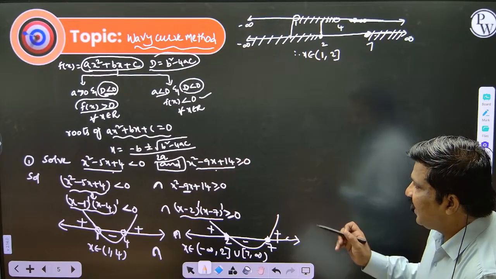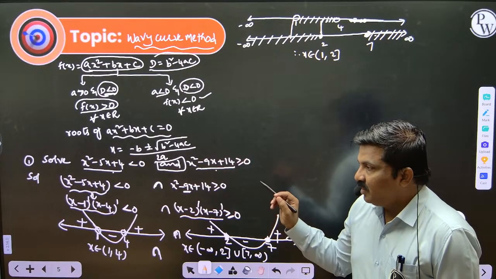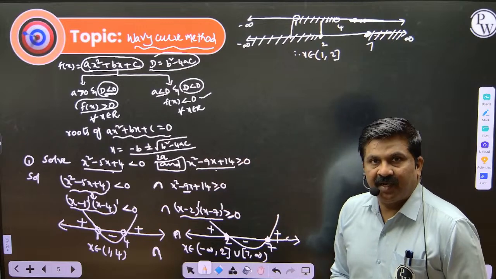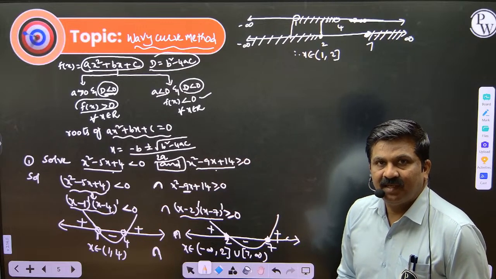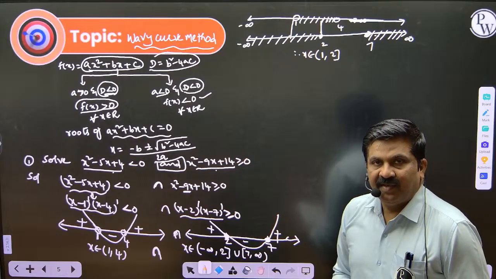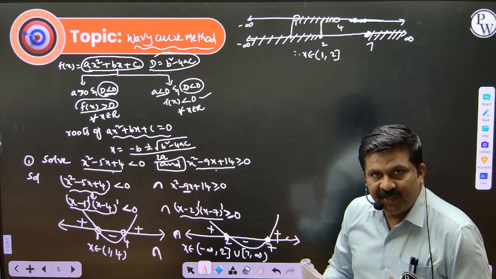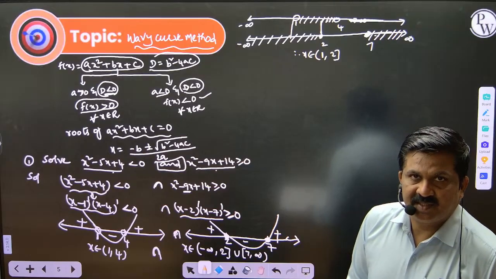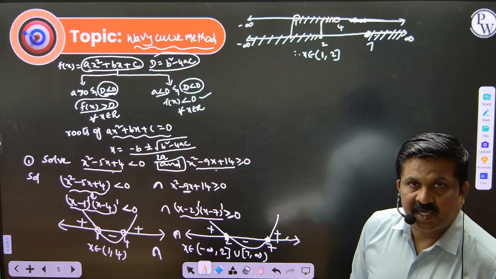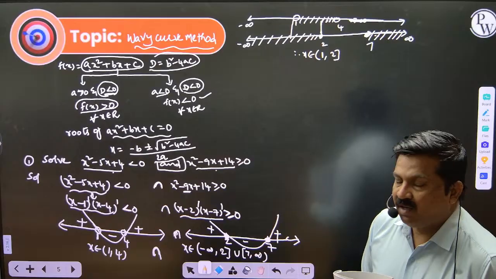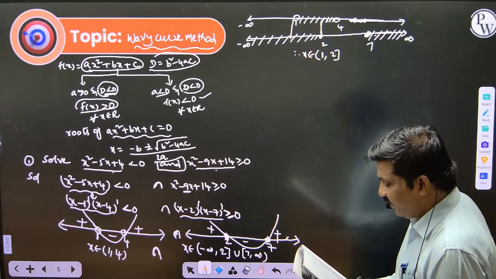In between, the connecting word is what here? The connecting word is 'and'. If the connecting word is 'and', you take the commonality. If the connecting word is 'or', meaning union, then you add the solutions. 'And' means you take the commonality of the solutions, 'or' means you take the union of the solutions.